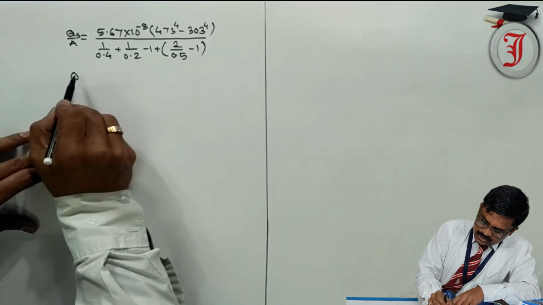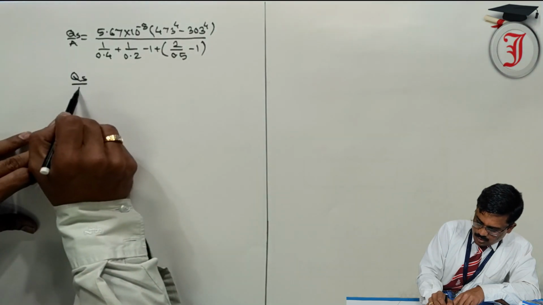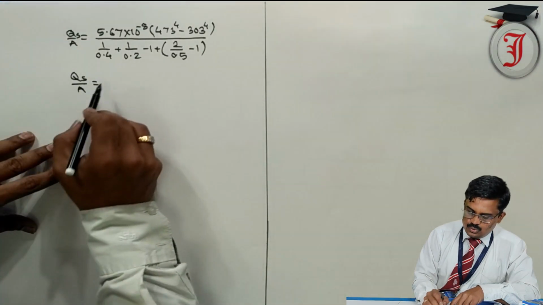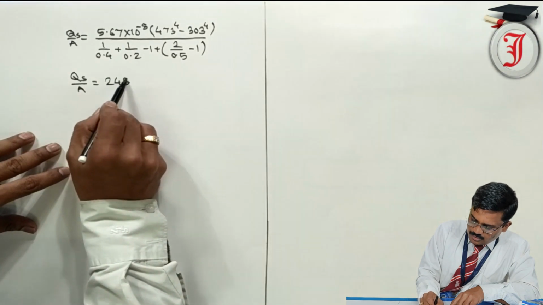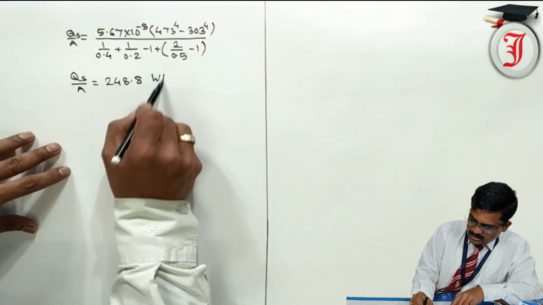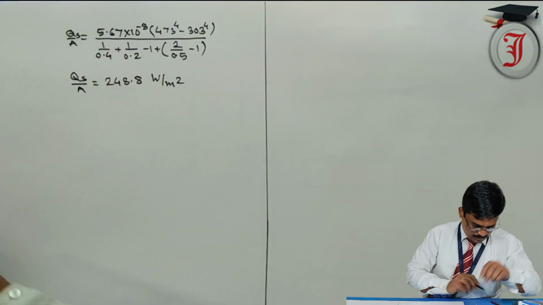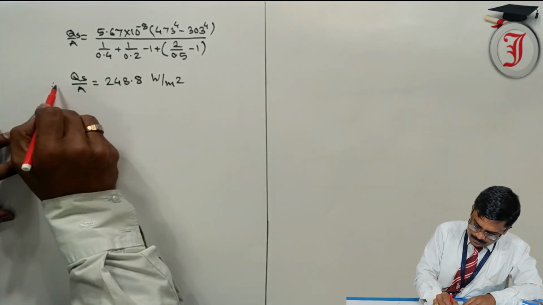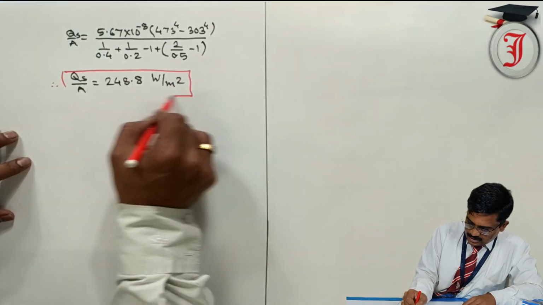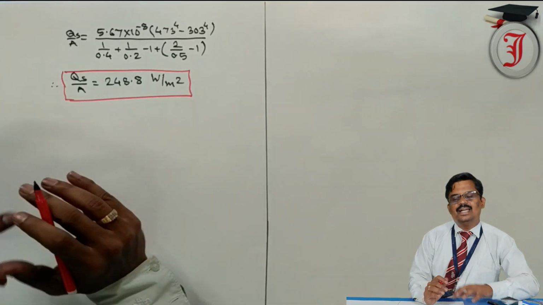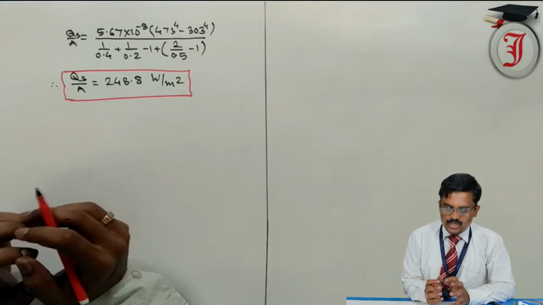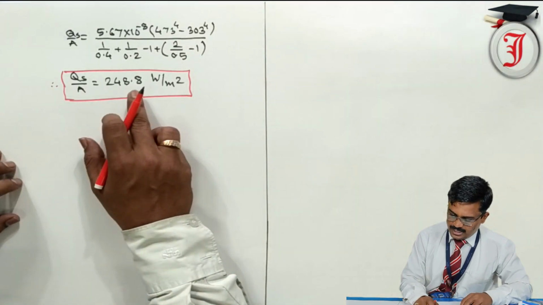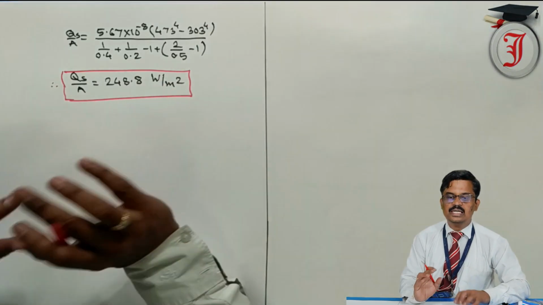When we calculate this, we get Qs upon A equal to 248.8 watt per meter square. So the heat transfer per unit area when the radiation shield is inserted is 248.8 watt per meter square.